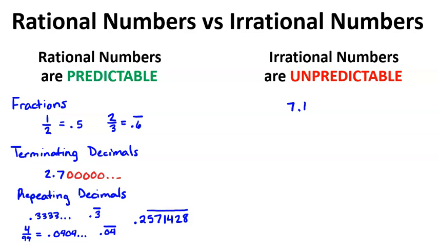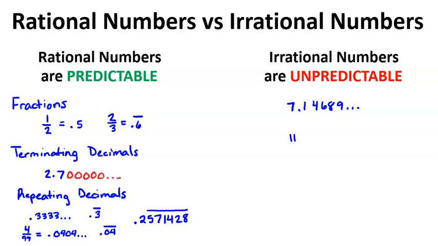I could have something like 4 or 7, 1, 4, 6, 8, 9, and then I have no idea what number would come after that 9. There's no pattern. There's nothing that tells me that this would start over again. There's nothing that tells me what my next number would be. So this is completely unpredictable. And these ellipses tell me that this number keeps going on forever.